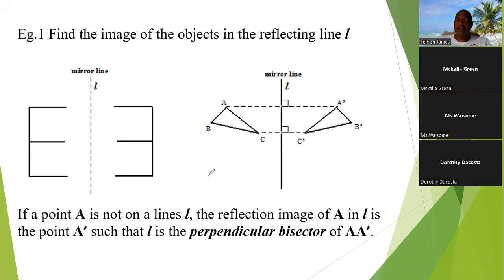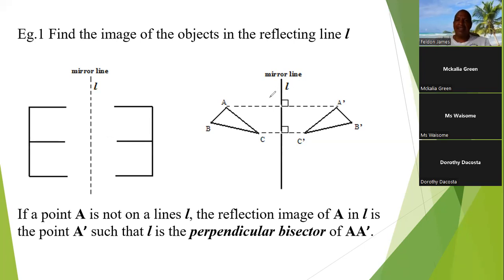The E with its side pointing to the mirror line has an image with the side pointing in the opposite direction. So once you have a reflection, that's generally how the images will form. You will have this invertedness.